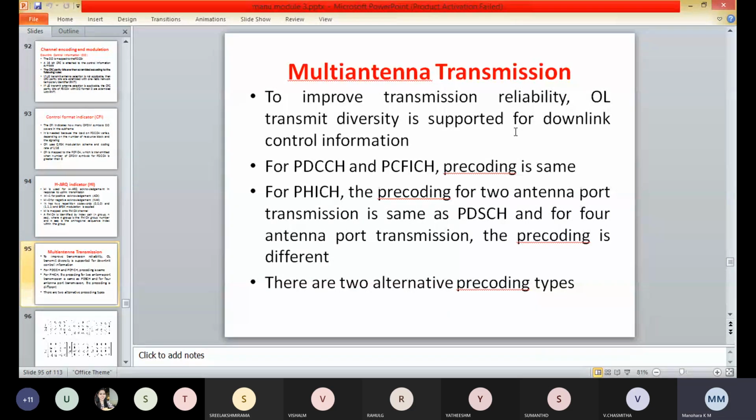So here in the multi-antenna transmission, to improve the transmission reliability, the open loop transmit diversity is supported for the downlink control information.